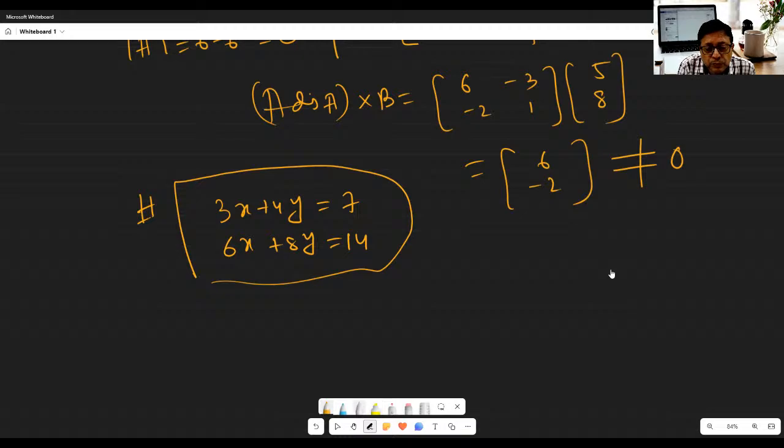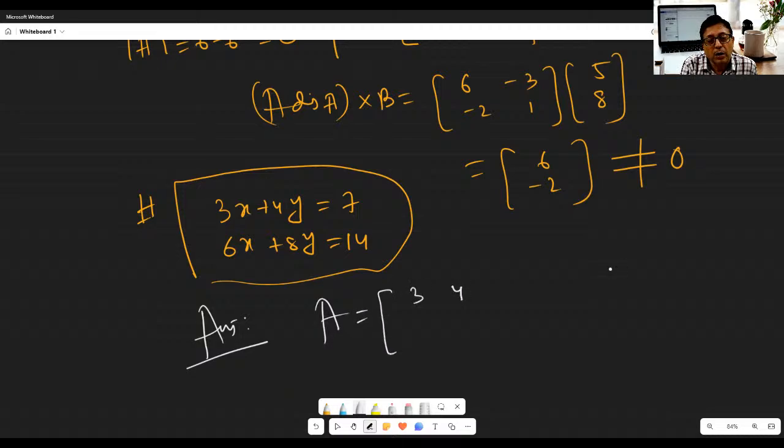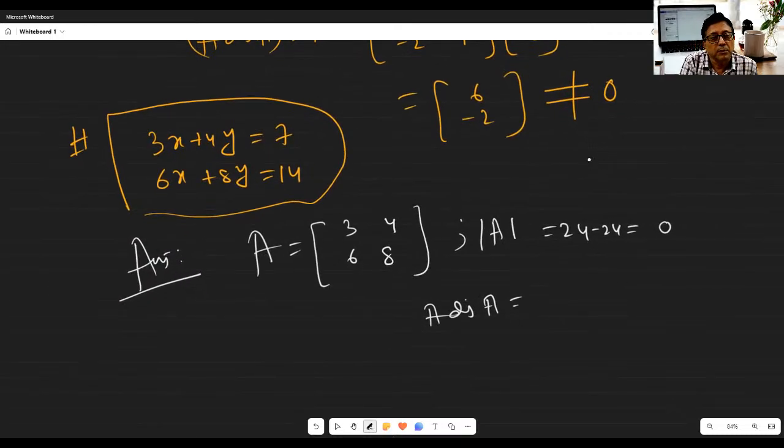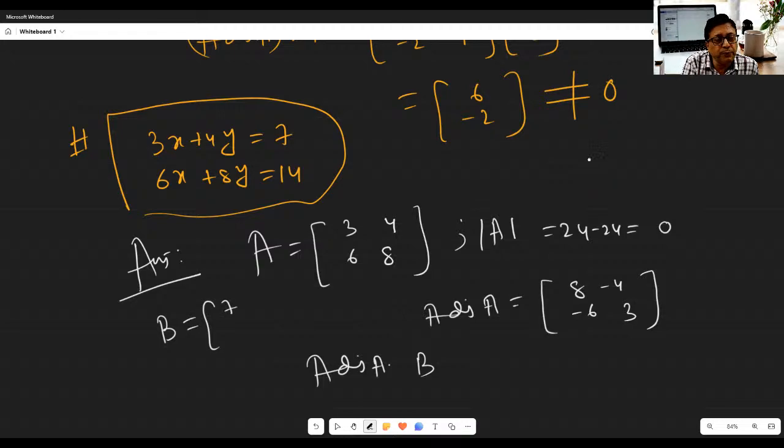Hope you all are doing it with me. So here B matrix is 7, 14.